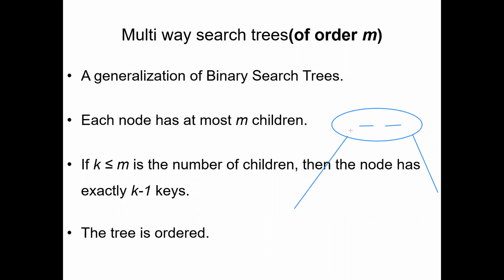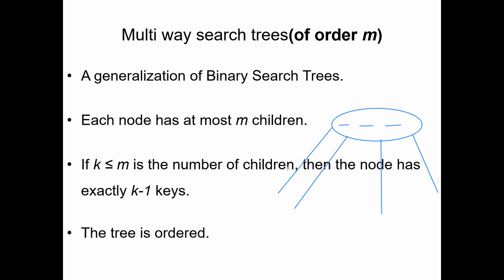If we place 3 keys in a node, then we will have 4 children. So the number of children would be 1 plus the number of keys in a particular node.